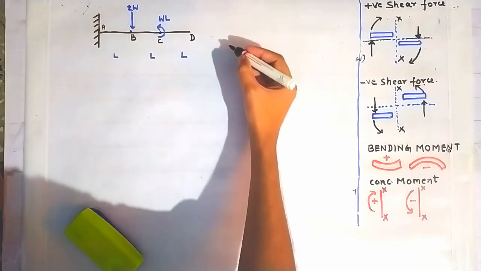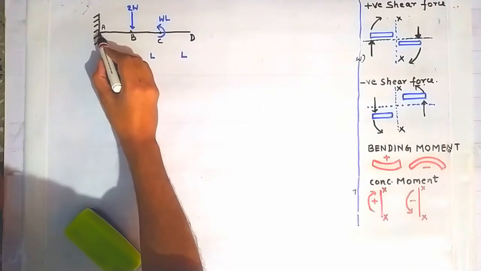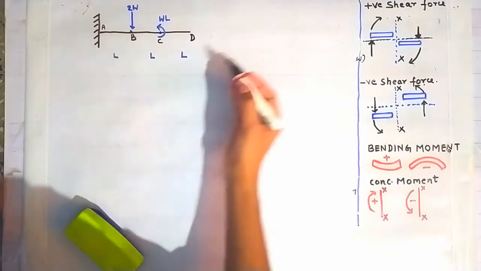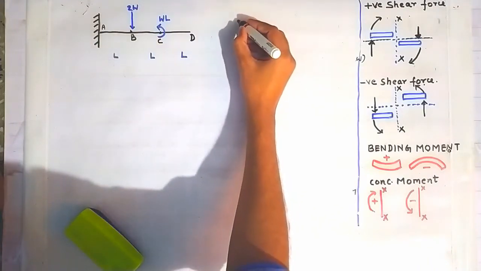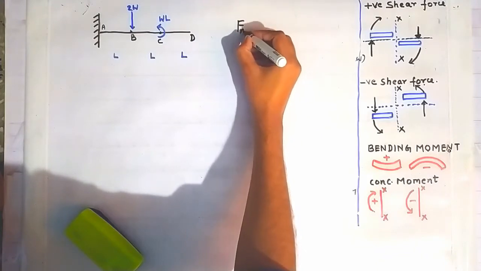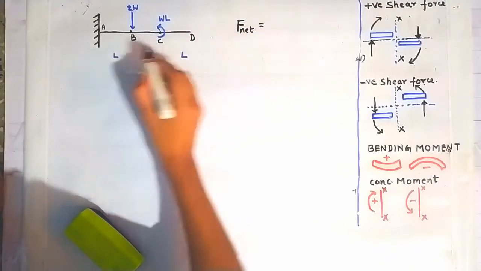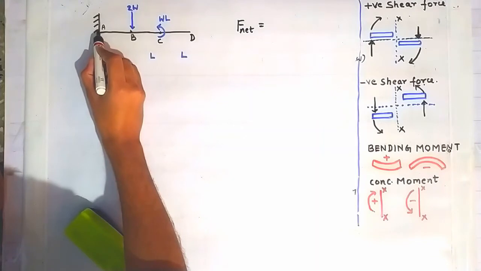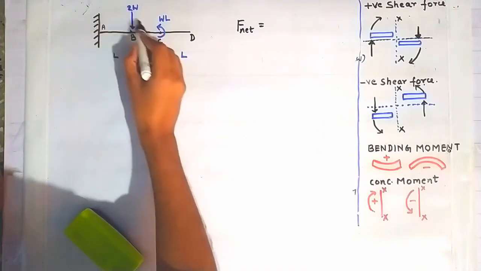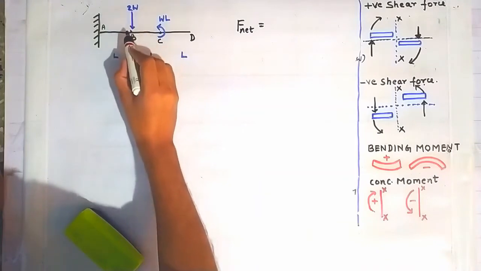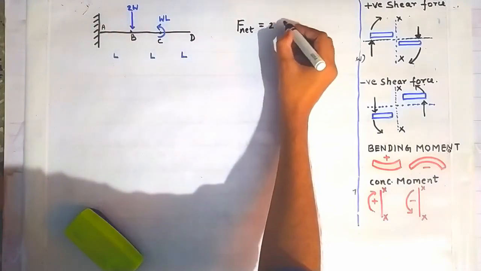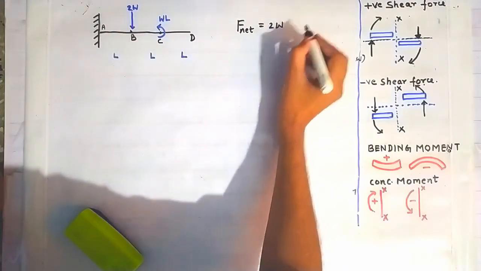So the first thing is that we have to find out the net reaction which is acting at this point A. The net vertical load which is acting on this cantilever beam is how much? 2W. 2W load is acting on this cantilever beam.